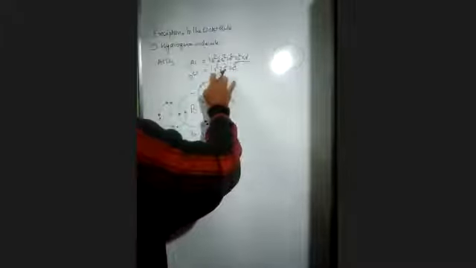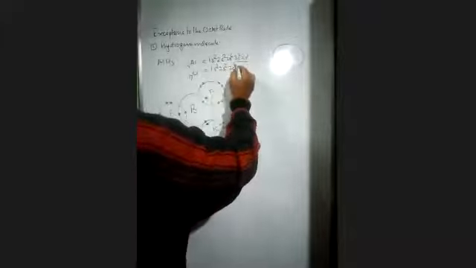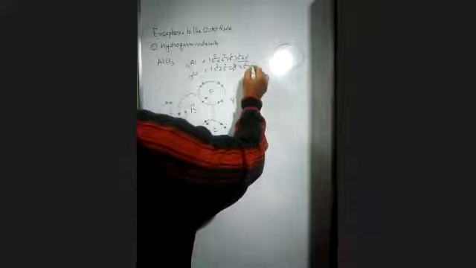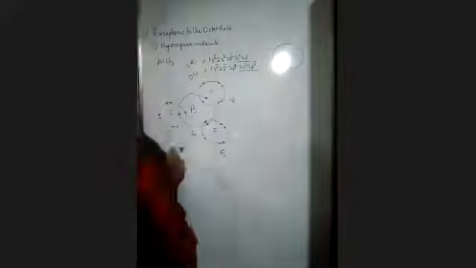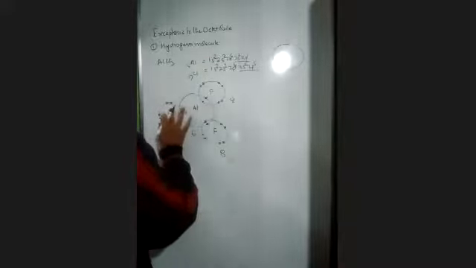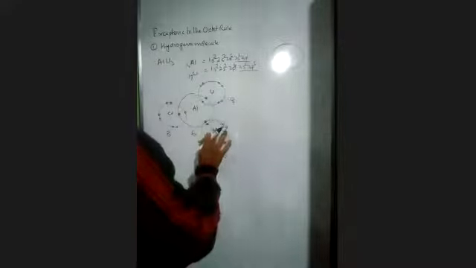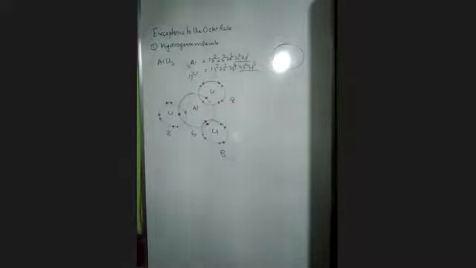Chlorine is 17: 3s2, 3p5. This is the valence shell. So what I'll do now: aluminium, chlorine, chlorine, chlorine. So AlCl3 is also an incomplete octet species.